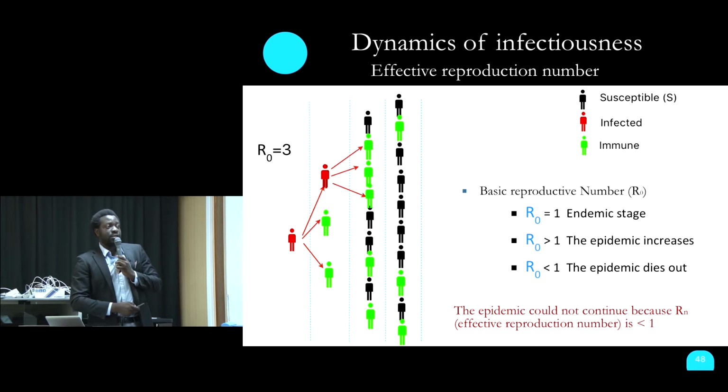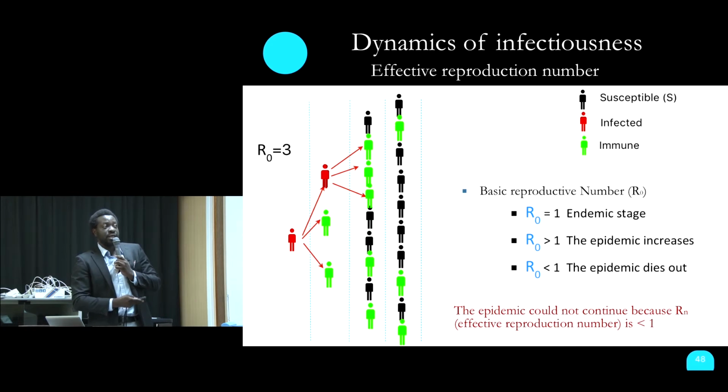And in the next transmission round, this one can transmit to 3 because the R naught is 3, but he had contact only with those who were immune, meaning that the epidemic stops here. So what does it tell us?